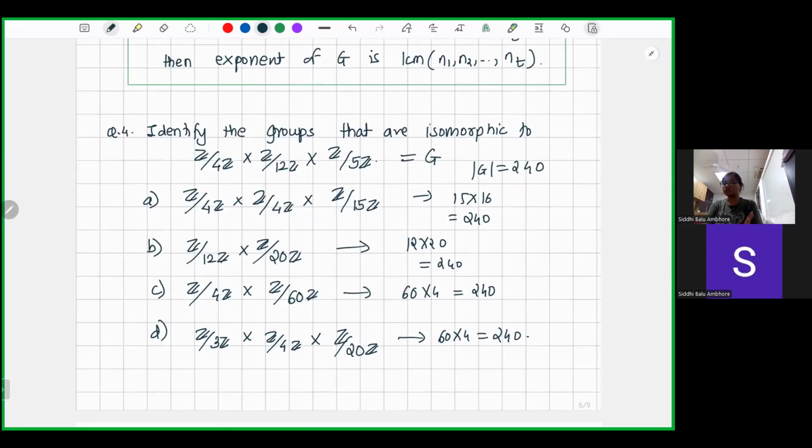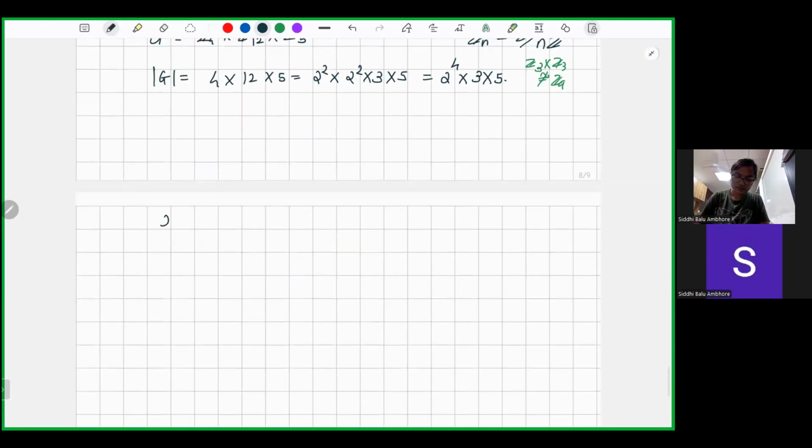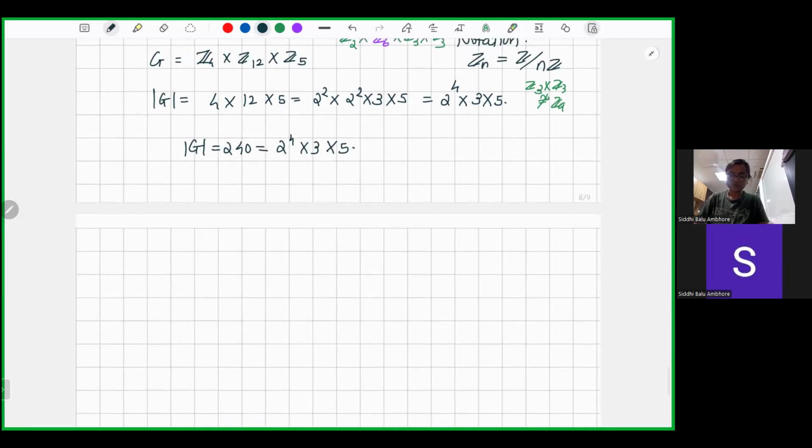We have to now compare whether this is possible or not. Okay, and so when we write this 240, what we have is, no, sorry, this is 2 power 4, 3, and 5.